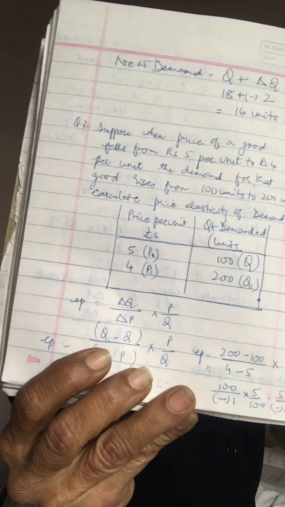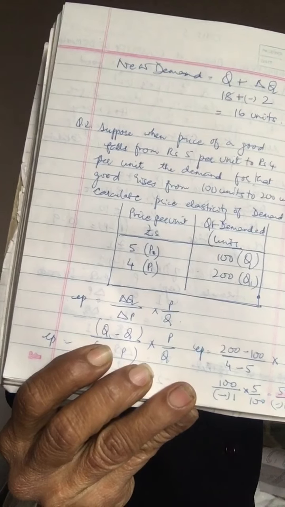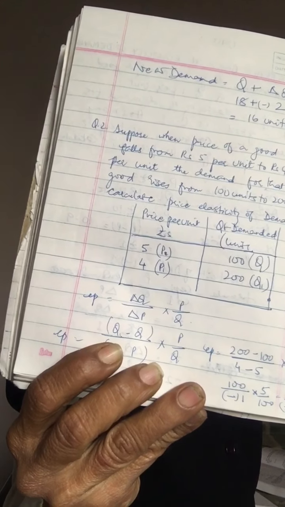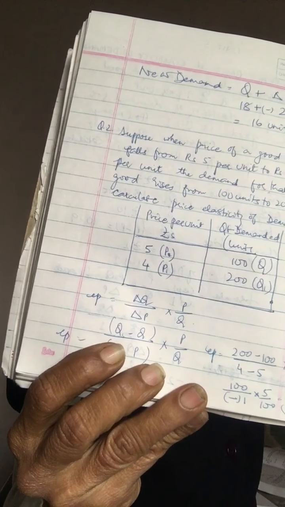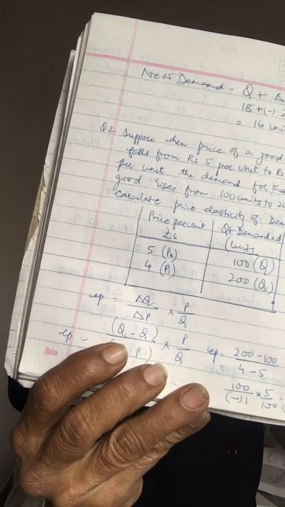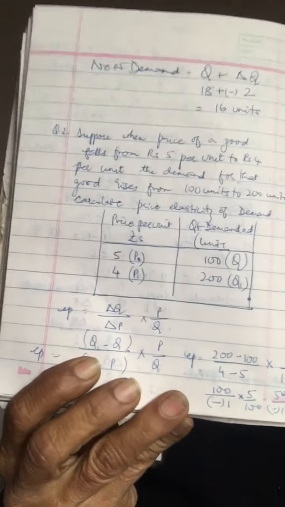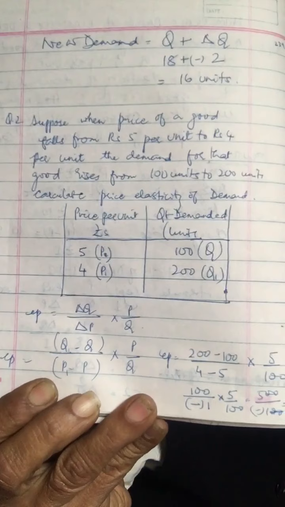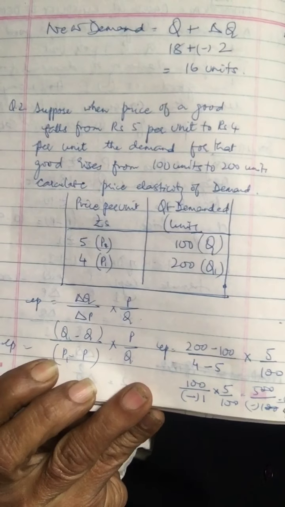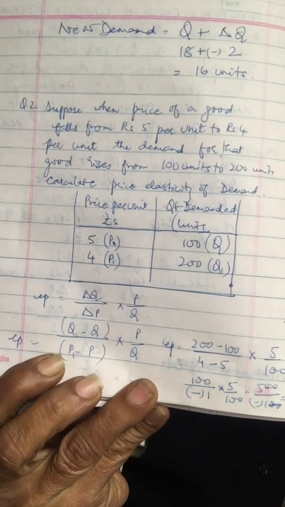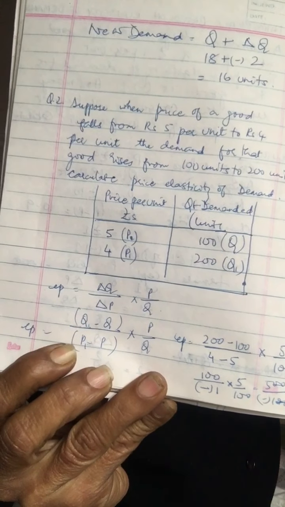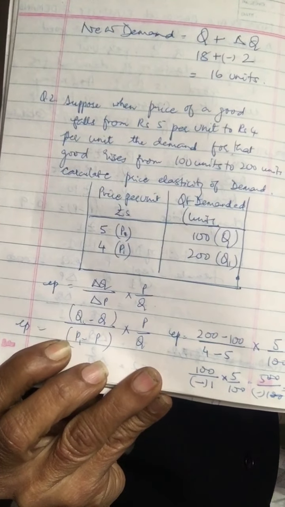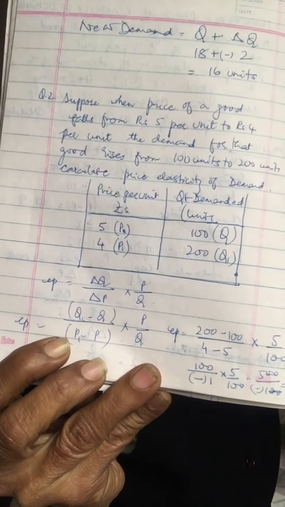It's a simpler one. Suppose the price of a good falls from rupees 5 per unit to rupees 4 per unit. The demand for that good rises from 100 units to 200 units. Even while you read, you can put them in the table. Under price per unit, 5 is the initial price and the new price is 4.